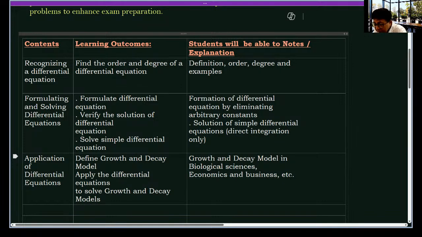They are related, and application in economics, in business, in biological sciences, even the simplest application is expected from you. Believe me, no need to do very difficult sums. Sums will be mostly of growth and decay model.